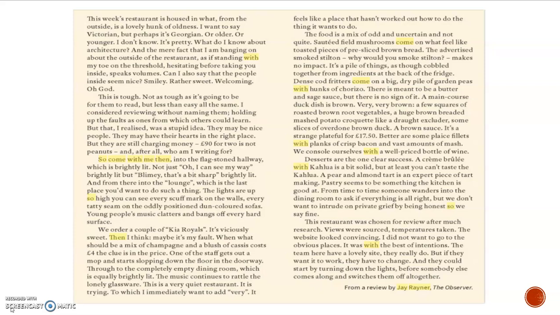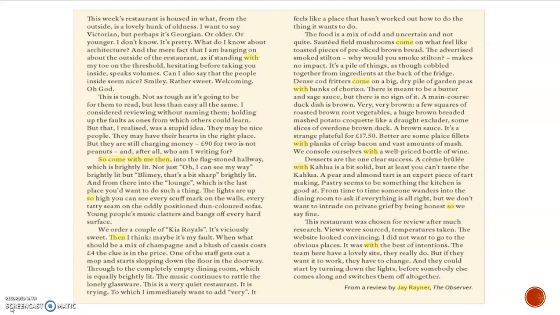He used the words smoked Stilton, then he says cod fritters, then hunks of chorizo, and then he says crooked. I mean, these are such words which can be used only by a person who is really an informed observer, or who really has expertise in food.